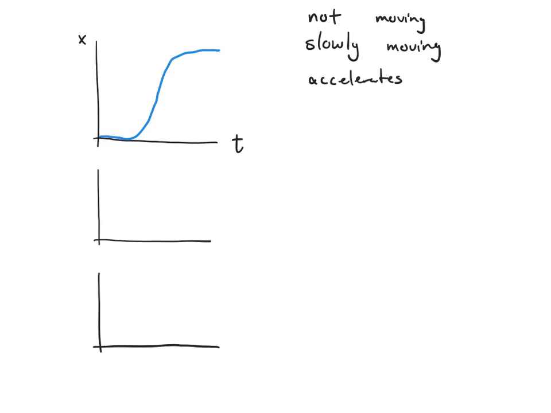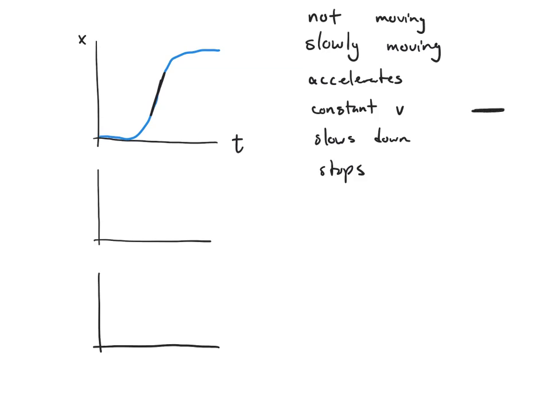Wait, first it accelerates, it then moves at a constant speed in the middle for a little bit, because you see the slope in the middle is constant right here. So then it has a constant velocity, then it slows down, and then it stops. There's a lot going on. So let's use a color coding system to show this.